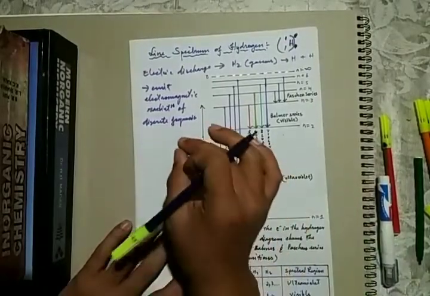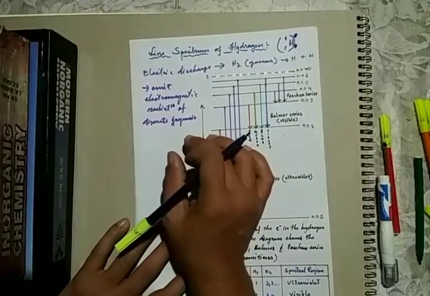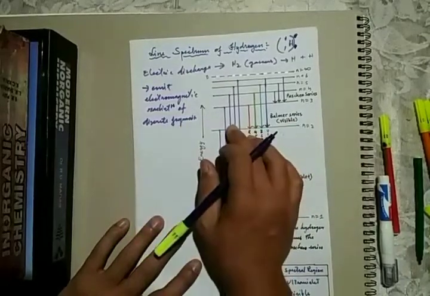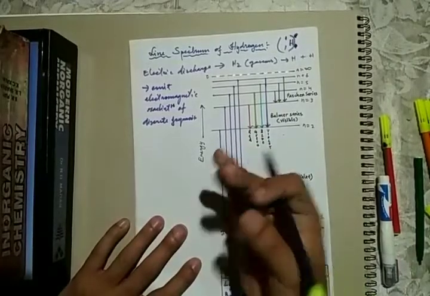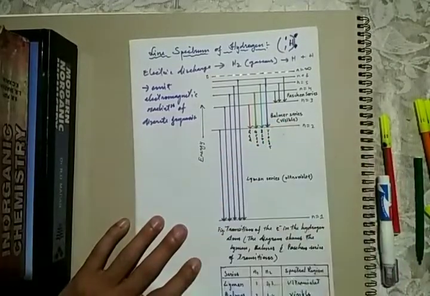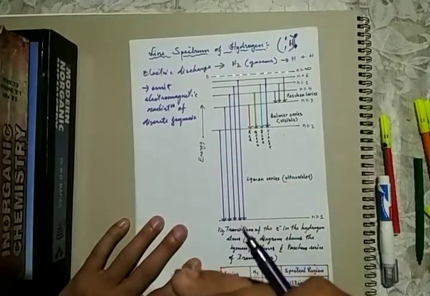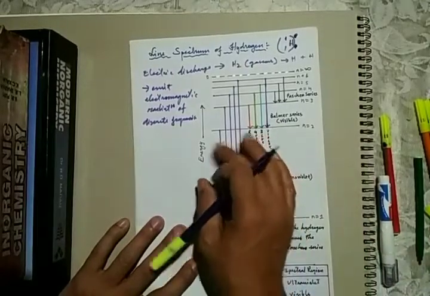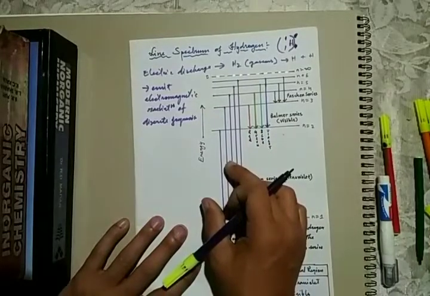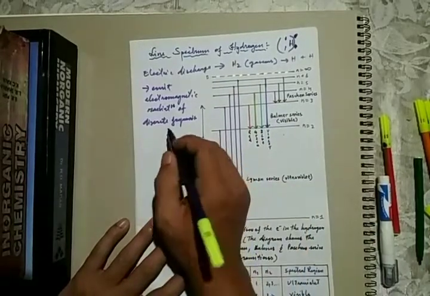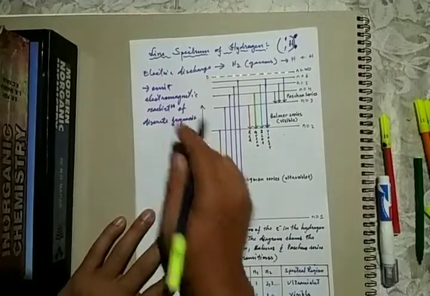This spectrum consists of several series of lines, like we have discussed in the atomic spectra also. Each atom has its characteristic spectral lines, so hydrogen also exhibits its characteristic spectral lines.